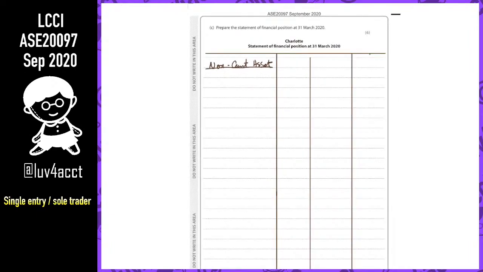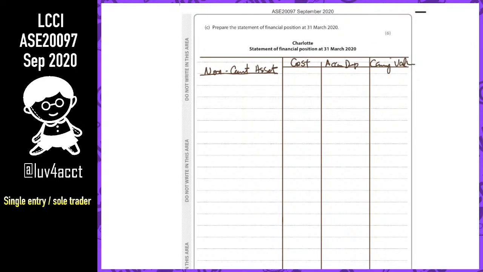So this is the cost, accumulated depreciation, carrying value. We have equipment and motor vehicle, 45,000 and 30,000, with 9,000 depreciation and 6,000 depreciation.